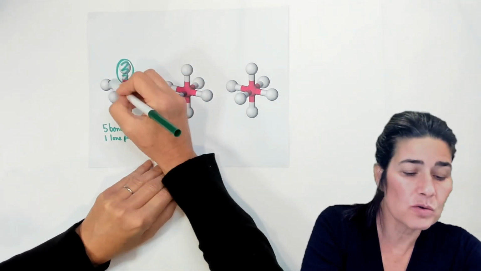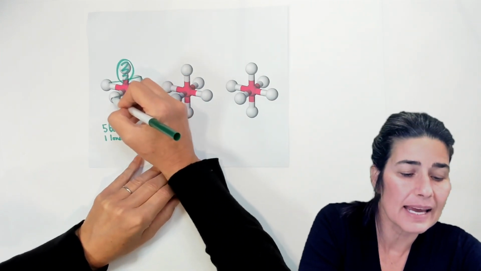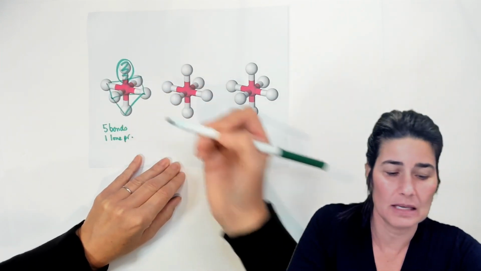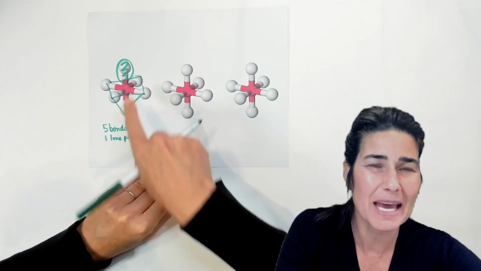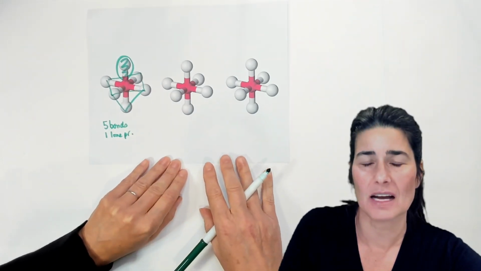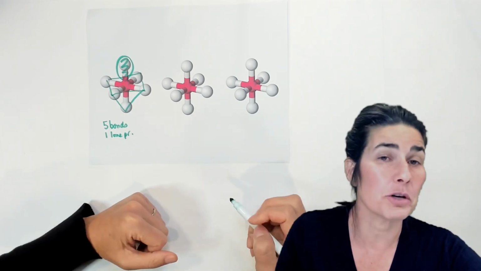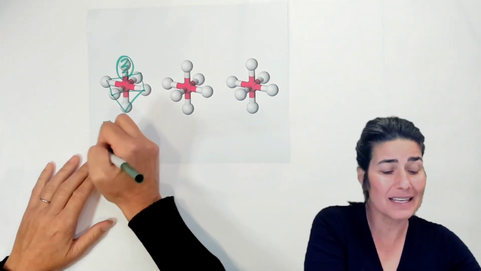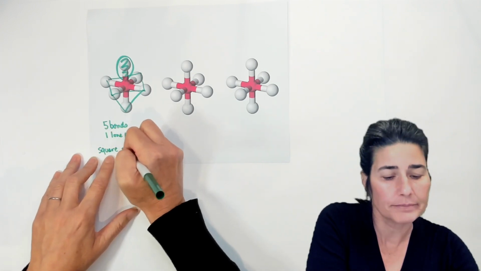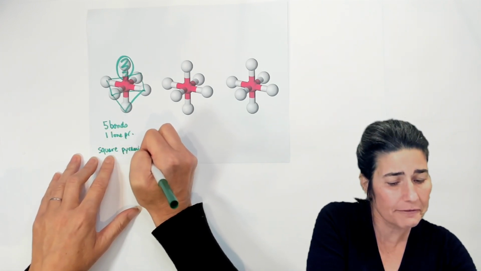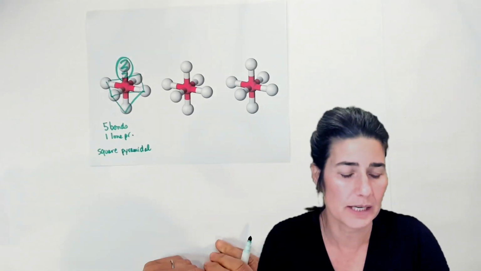What's left over looks like a pyramid. It's a pyramid with a square base, not a triangle base this time. Fancy name for pyramid with a square base, it is called square pyramidal. Okay, so that's your first molecular geometry.